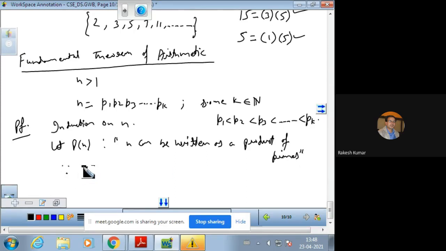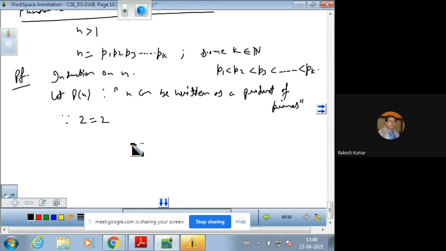Since 2 is a prime, and the minimum prime is 2, its only positive factors are 1 and 2. So 2 is a prime, hence the result P2 is true. In induction we used to prove it true for n equal to 1, here the minimum value is 2, and just see why it is 2, because the result is holding for n greater than 1.